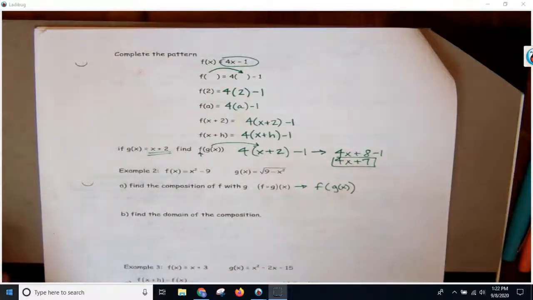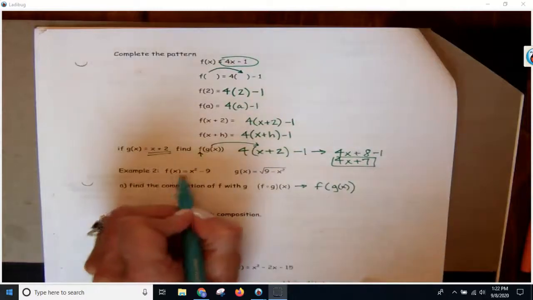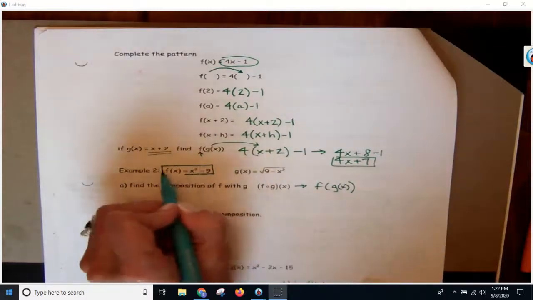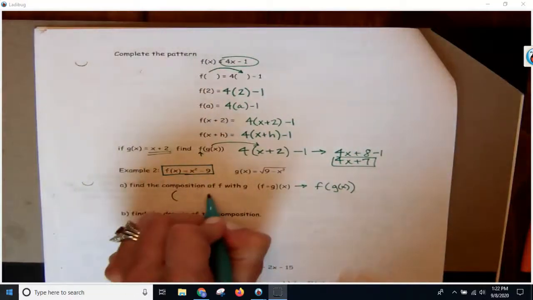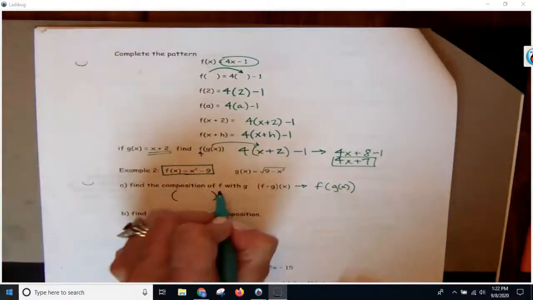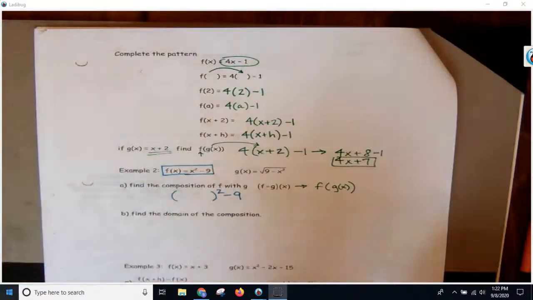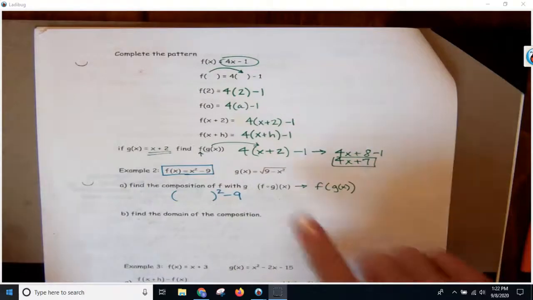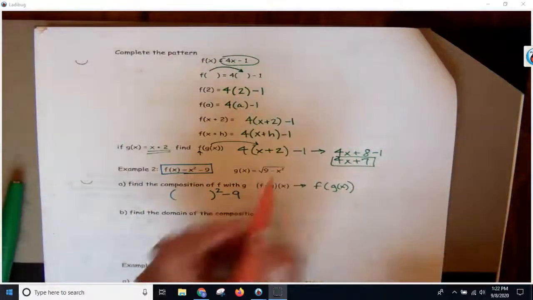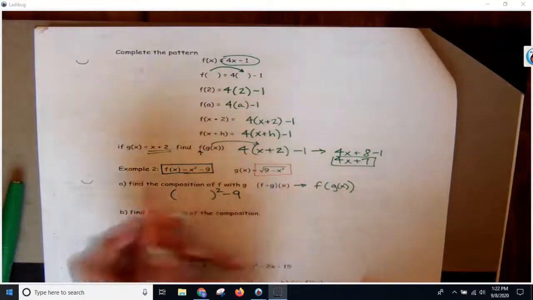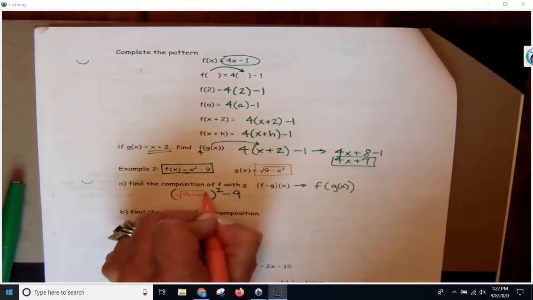So f comes first, so I'm going to take this function and write it out, but instead of my x, I'm going to just put parentheses squared minus 9. Then what's going to go inside those parentheses is my g of x function. So this part is going to be the square root of 9 minus x squared.